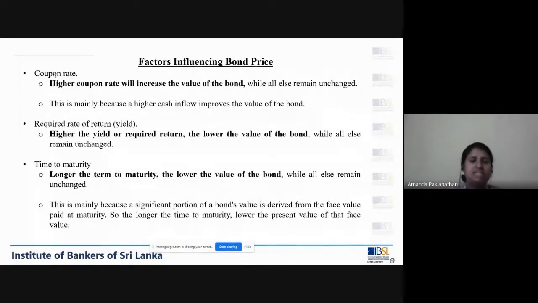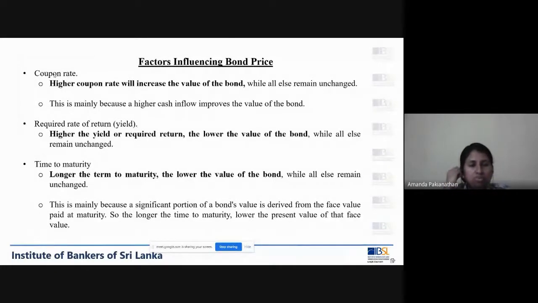Face value is same, my required rate of return, the yield to maturity is same, the tenor is same, all other factors are same, but coupon rate is the only thing that is different between these 2 bonds. What can you say about the price of this bond or the real worth of this bond? One bond is 5% coupon rate, one bond is 10% coupon rate.